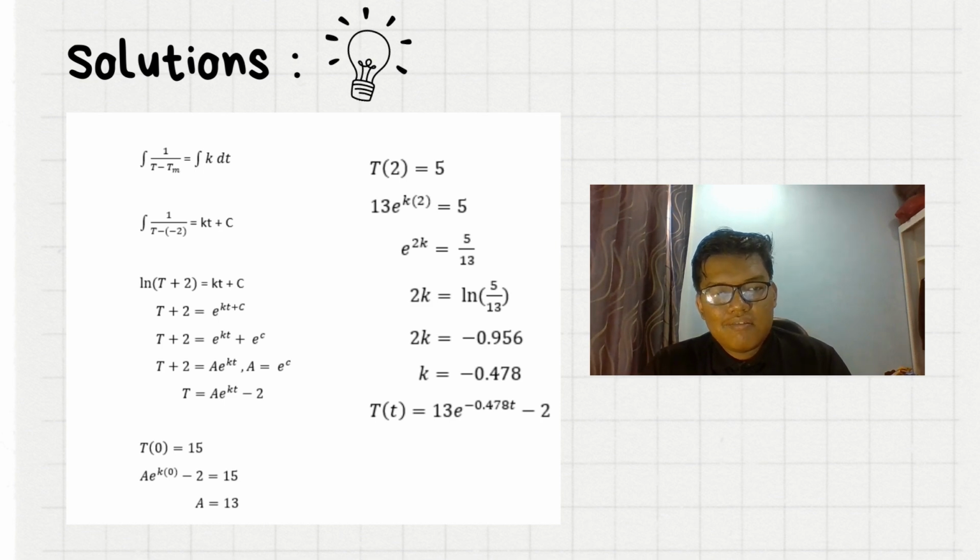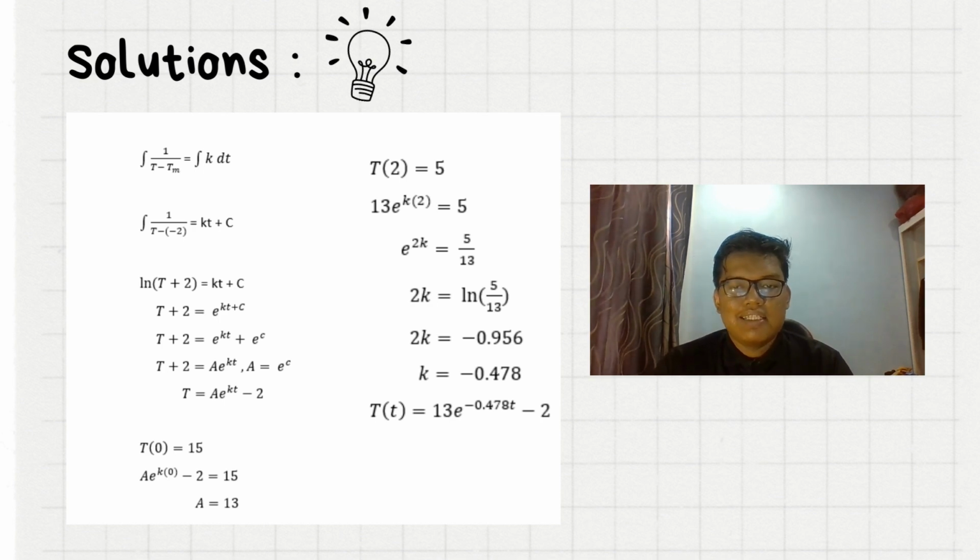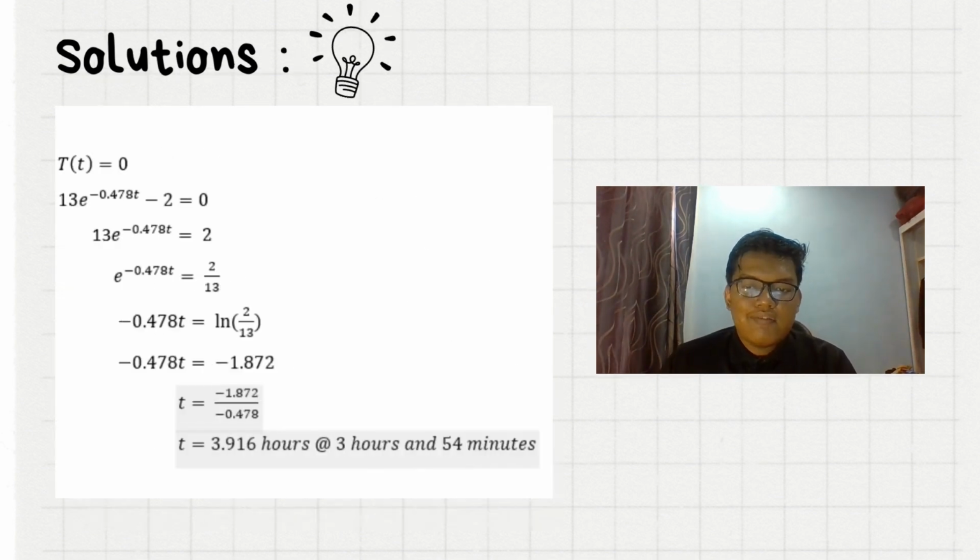So the new equation is T equals 13 e^(-0.478t) minus 2.